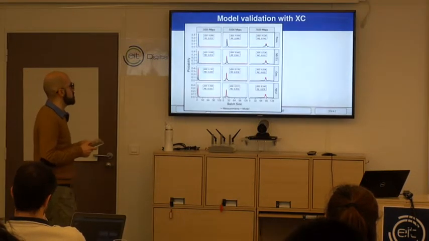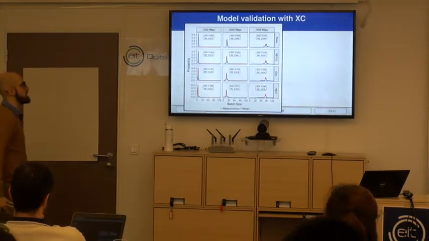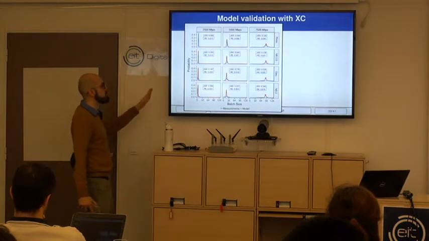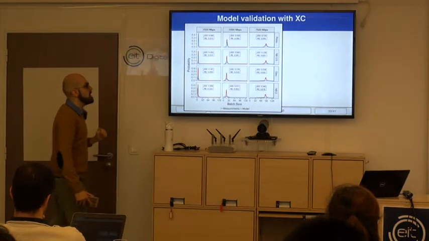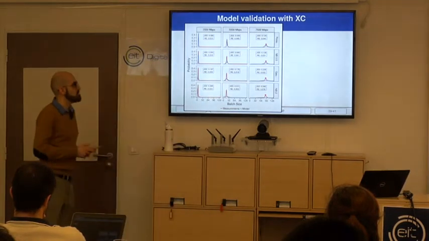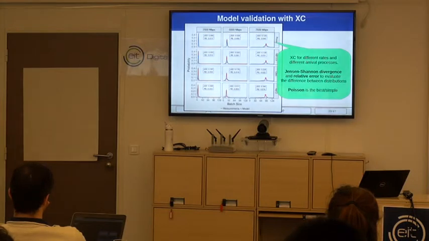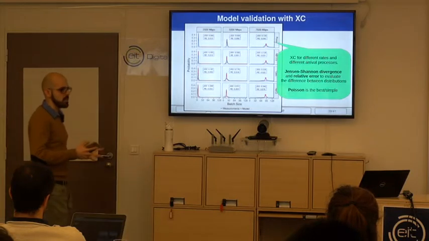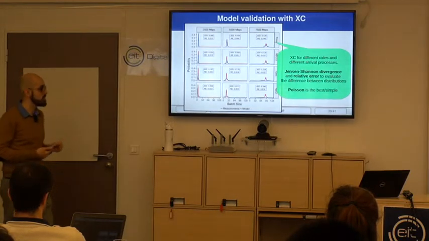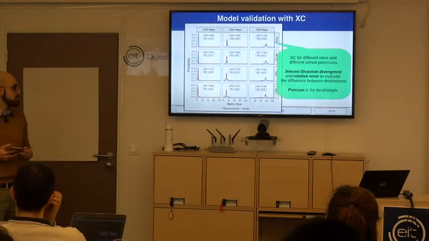So what I can show you right now is that we continued our validation using different rates and different arrival processes, and we measured the Jensen-Shannon divergence as well as the relative error between our predicted distributions and the observed distributions coming from the measurements.